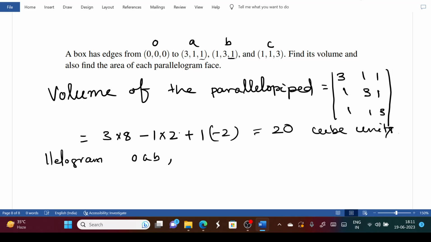So the determinant is 3, 1, 1, 3, because the third component has no significance. So how much is it? It is 8 square units. Likewise, one can find the value for BC and for CA; each one will be 8 square units.